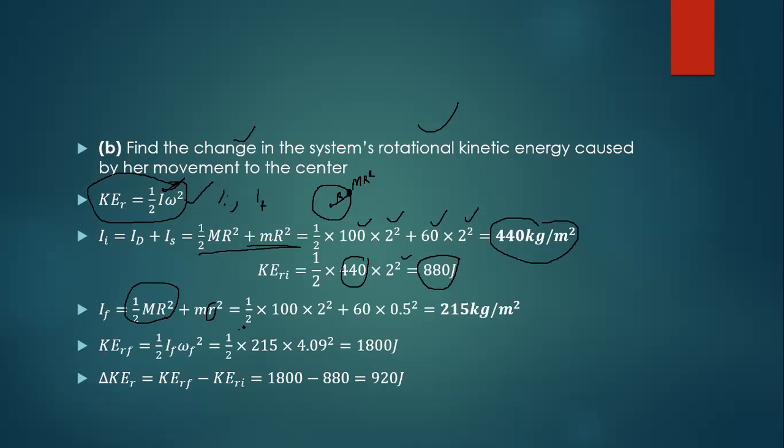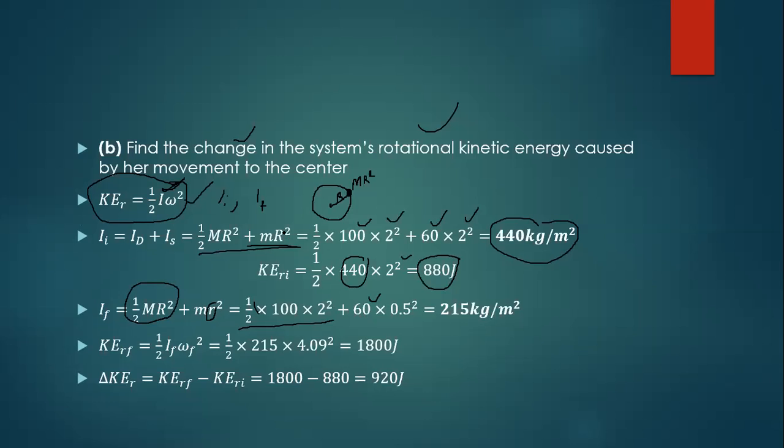So we have the expression for the moment of inertia of the disk, 1/2 times its mass times its radius squared. For the student, the girl, the moment of inertia is just mr squared, the mass times the radius squared. Now her radius changed.